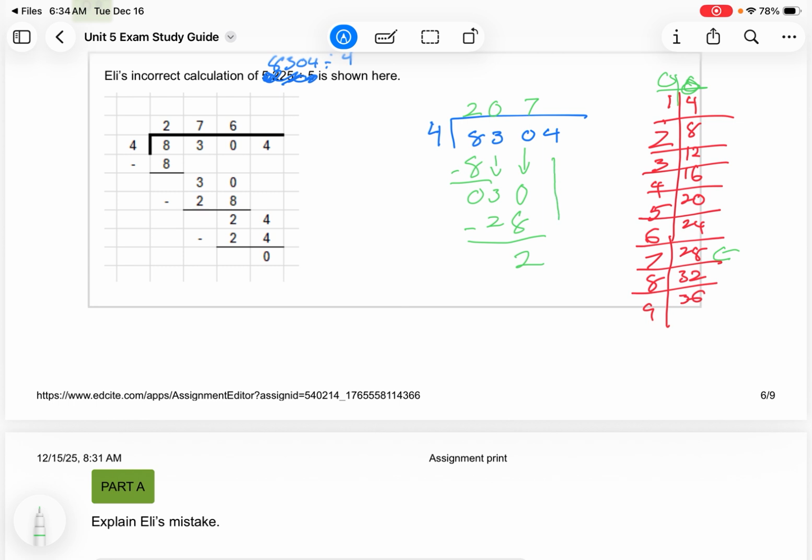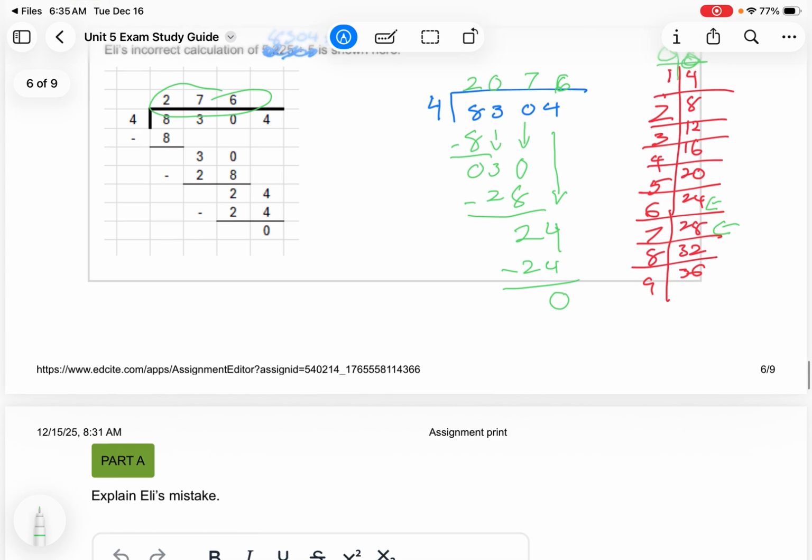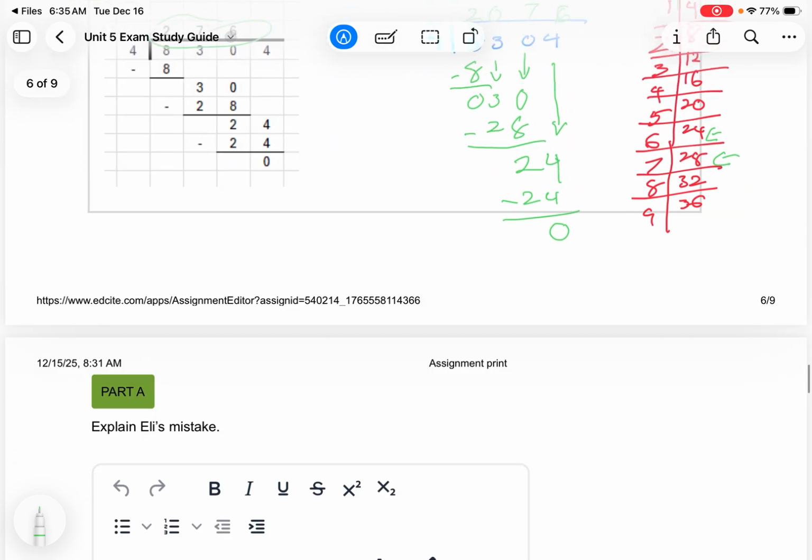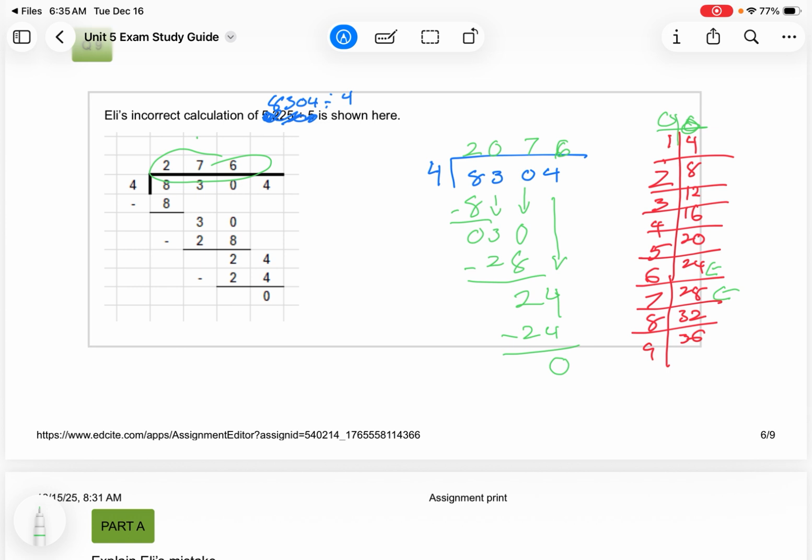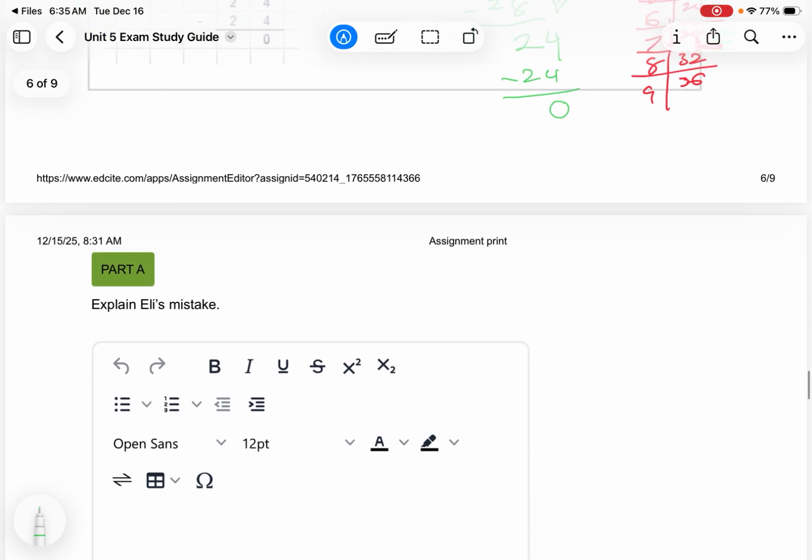Bring down the 4. And so 24. And with that is a 6. Let's make that a little better, 6. And so that gives me a 0. And so we've got 2076. They have 276. So their mistake, they didn't put the 0 here, and they put the numbers in the wrong spot.